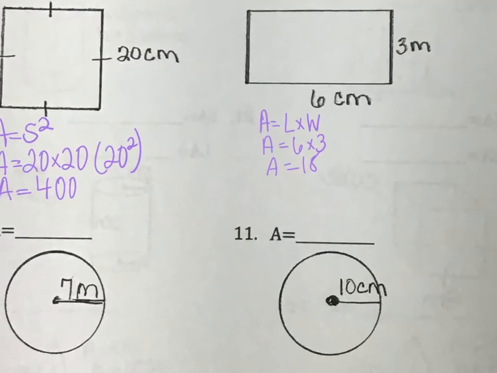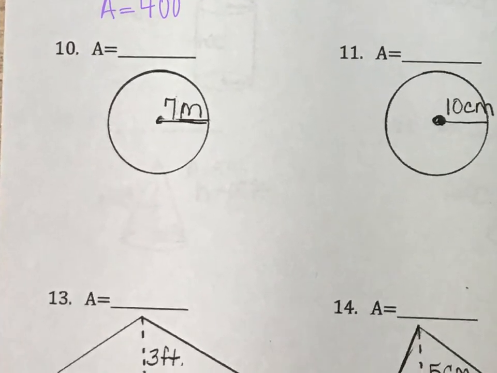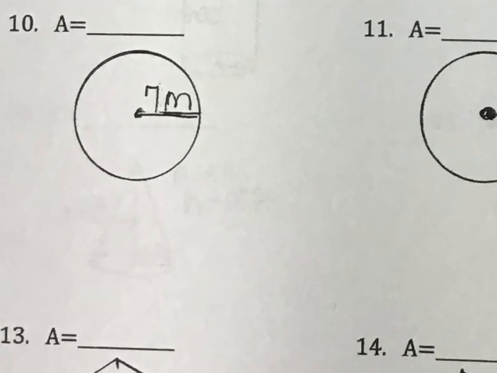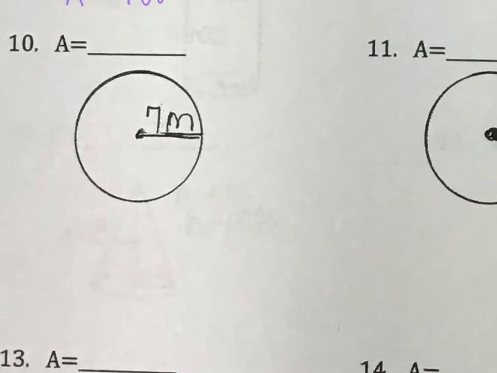Now let's go over here to number 10, which is our circle. The formula for area of a circle is area equals pi times radius squared. Now, what is pi? 3.14 times the radius, which is 7, squared.